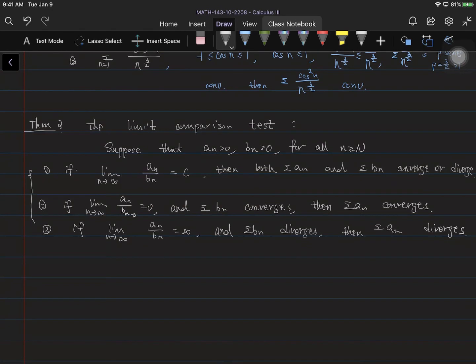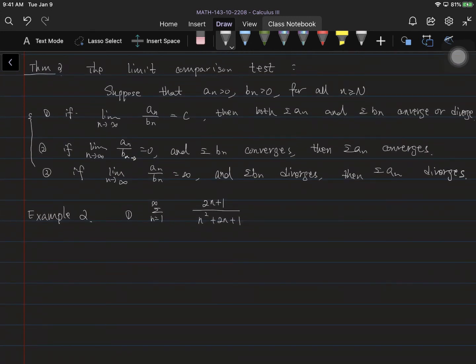Now let's take a look at the example and see how to use the limit comparison test. The first one, 2n plus 1 over n squared plus 2n plus 1. So this is a series like an, because we want to do limit comparison. We want to know what we are going to compare with, like a bn. We need to create a series bn.